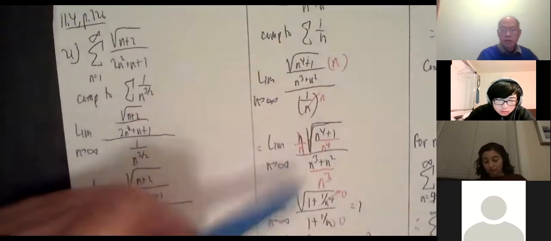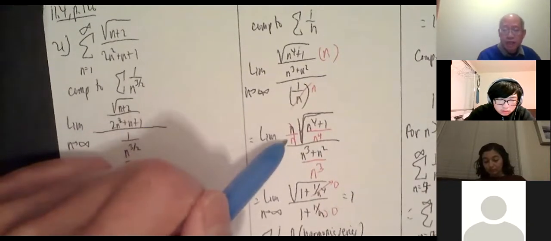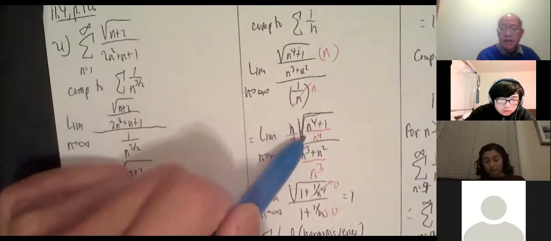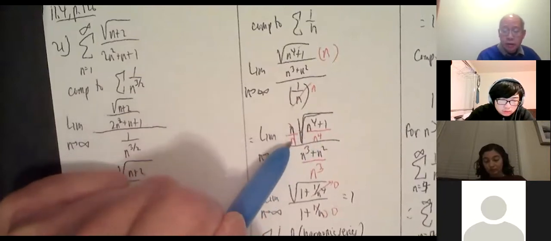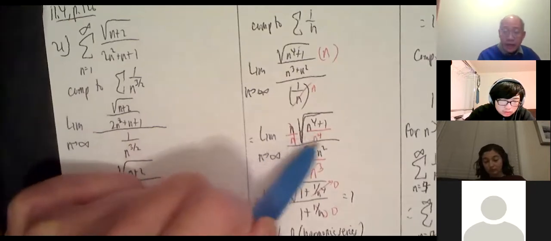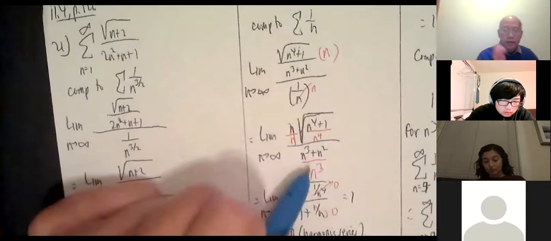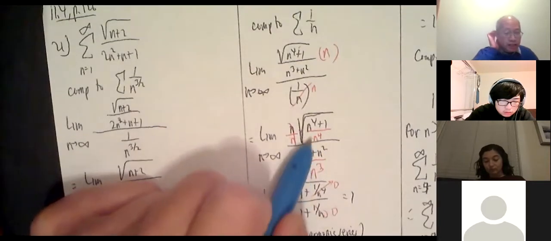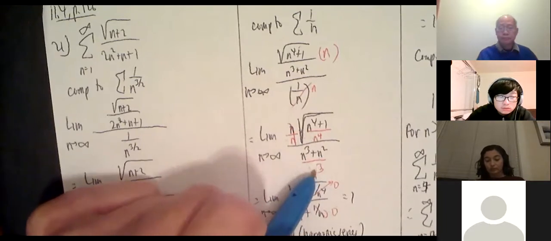Now what did I do here? I divided top and bottom by n cubed. Divide this by n. Divide this by n squared by putting n to the 4th inside. So the stuff I haven't written is n cubed. There's n. Here's n squared outside, n to the fourth inside, and divided this by n cubed. The reason I do that is because I know I want that to be 1, I want that to be 1, and I want that to be 1 over n.